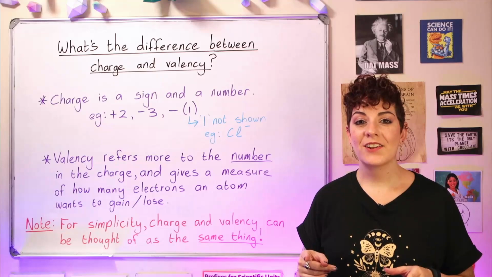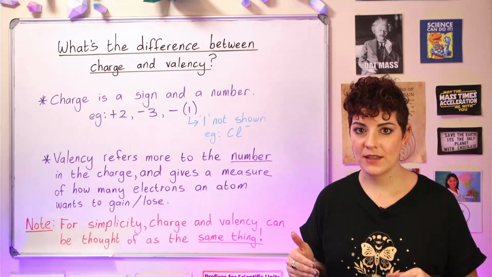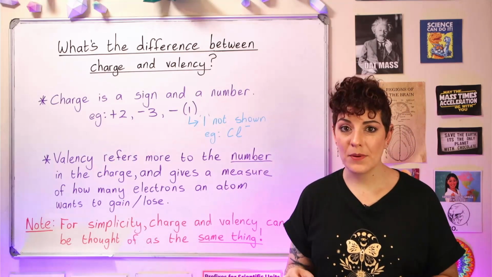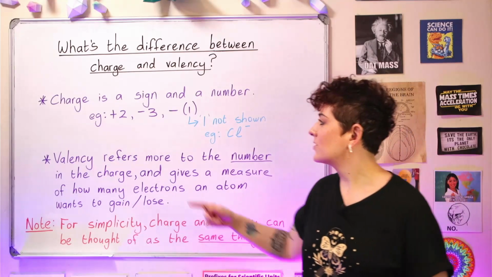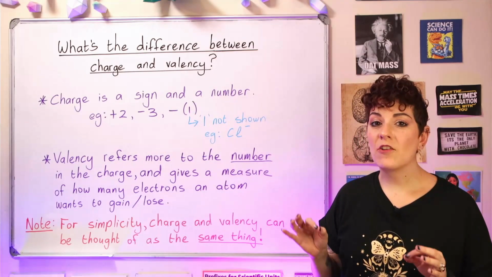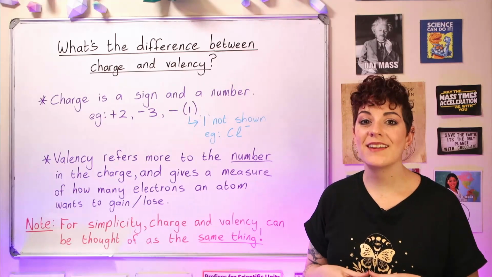Now we're going to take a look at what the difference is between charge and valency. Firstly, charge is a sign and a number. For example, +2, -3, -1, and I've put the 1 in a bracket because, as we now know, 1s are not shown in chemistry.